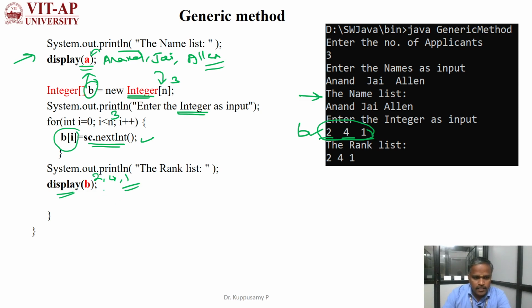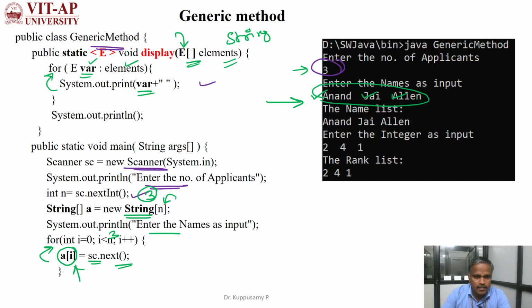So now this display method is receiving the integer values. In the second display method, when you are calling display of b, it carries these integer elements, which are passed over here into the elements. Then these values are printed one by one.